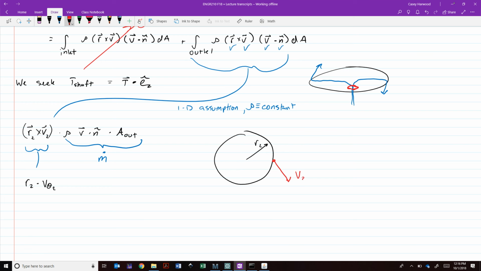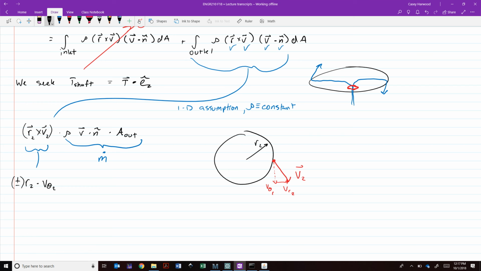This is V2, which is made up of V theta 2 and the radial component. Which means this needs to have a plus or minus sign in front of it.